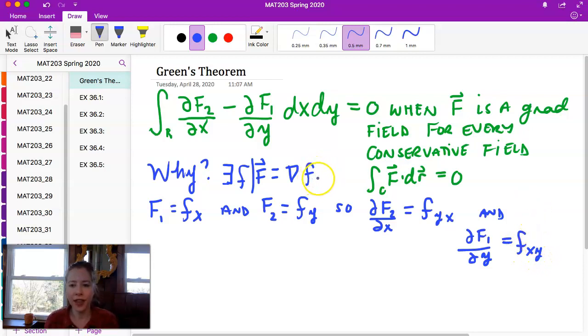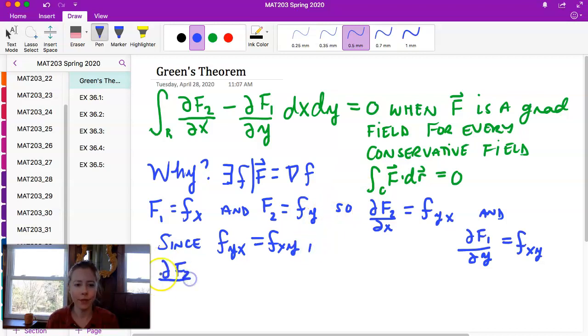Since we know that f sub yx has to equal f sub xy, then del f2 over del x is equal to del f1 over del y.